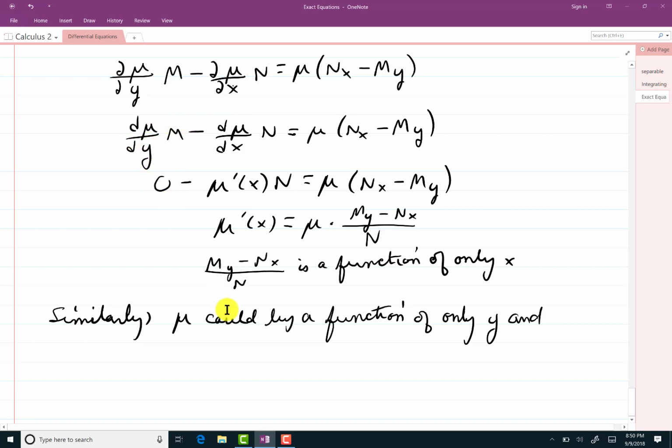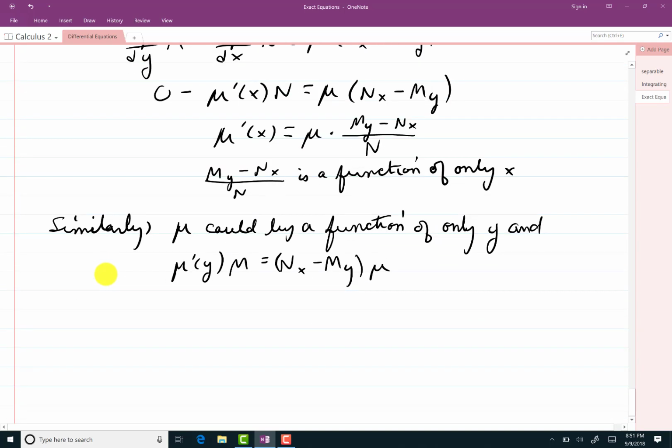This would have been my mu prime. I would have mu prime of y times m equal n sub x minus m sub y times mu, and then I would divide by the m, and I would require n sub x minus m sub y all over m to be a function only of y.